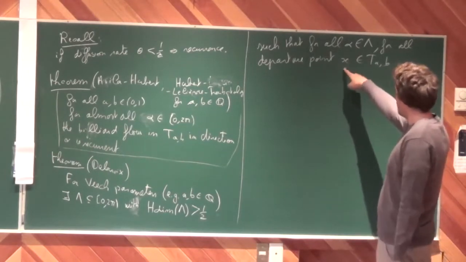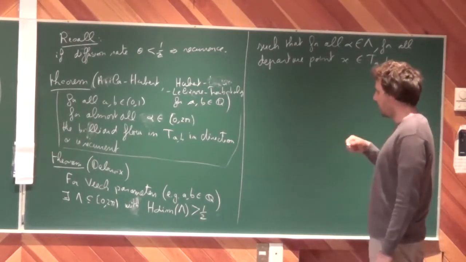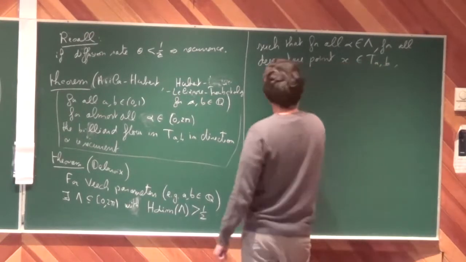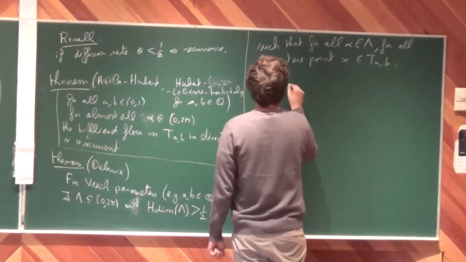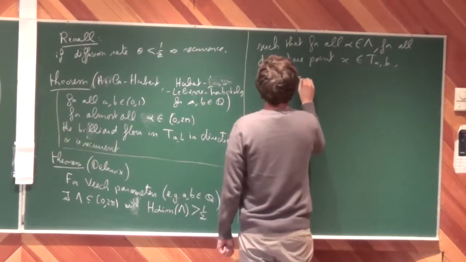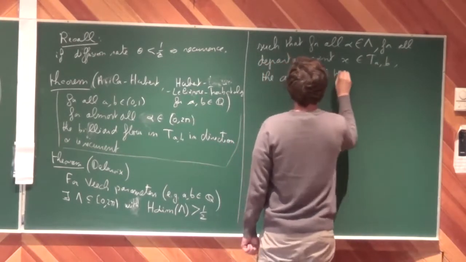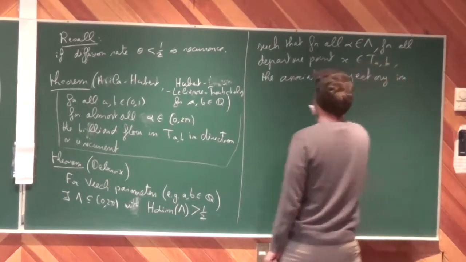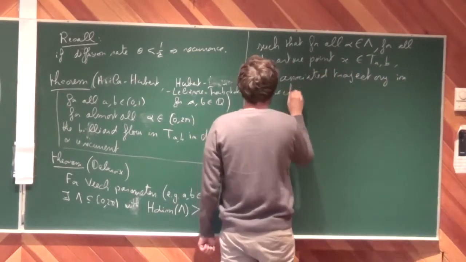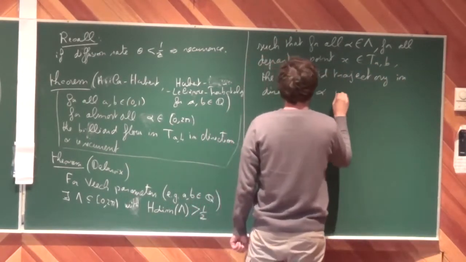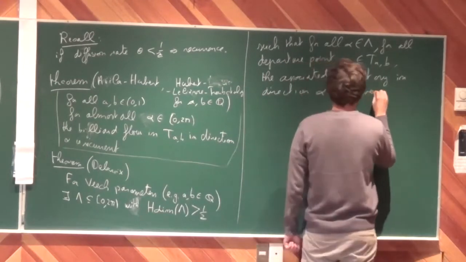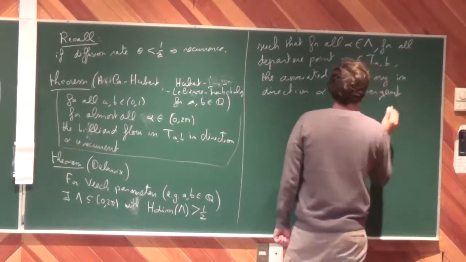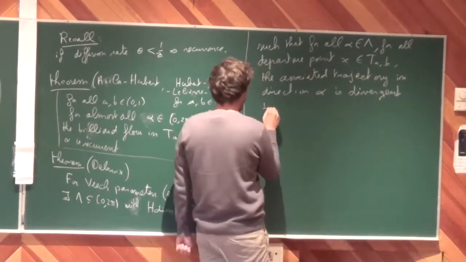But for all the others, what happens is that the associated trajectory in direction alpha is divergent. In particular, the flow is transient.